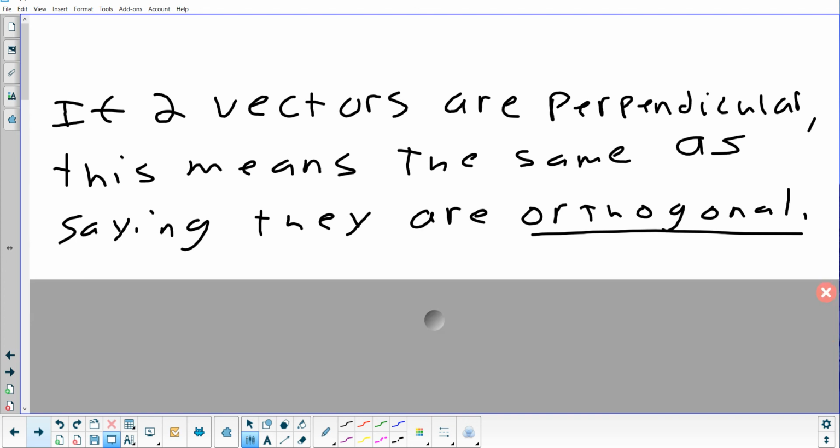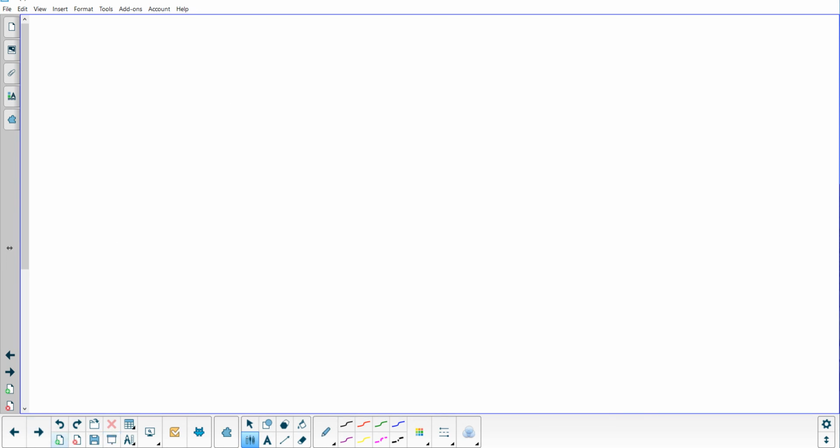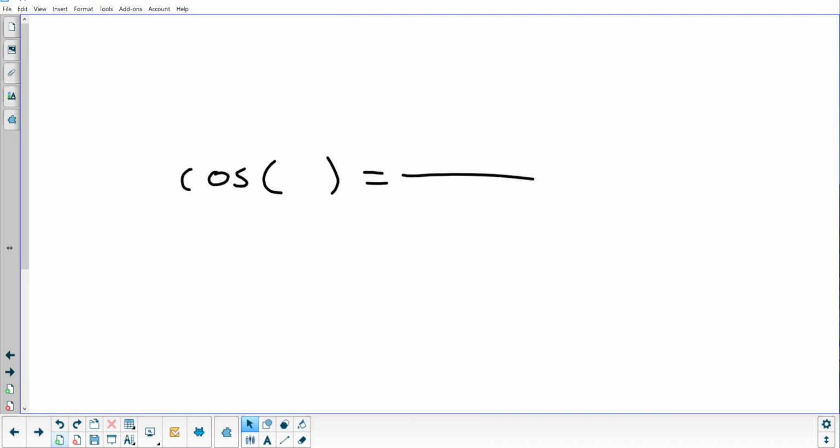Now there is a quick way to figure that out. If they're orthogonal, what did you just say the angle would be? 90. So think about that for a second. This is the formula to find the angle between two vectors. You have an angle here, a dot product here, and a product of two magnitudes in the bottom. Let's pretend that you already knew the angle was 90.